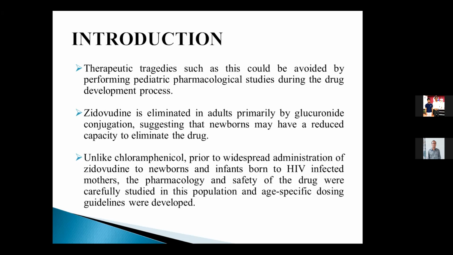Unlike chloramphenicol, prior to the widespread administration of zidovudine to newborns and infants born to HIV-infected mothers, the pharmacology and safety of the drug were carefully studied in this population, and age-specific dosing guidelines were developed.